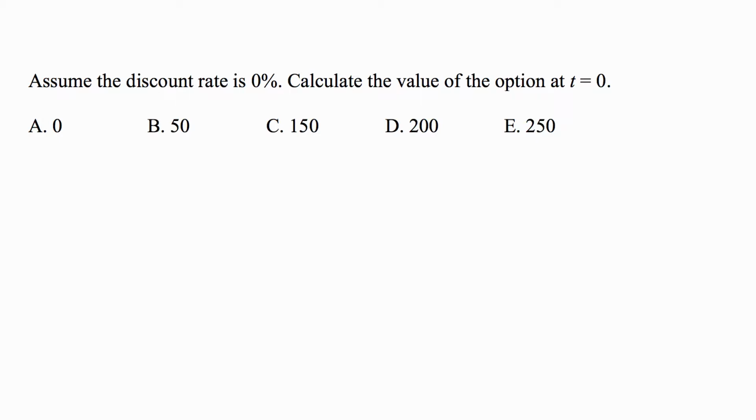So the value of the option will just compare the outcome if you just pay for the project as is and you get that net present value that is given in the problem, or you do partial funding at the beginning and then you wait for the outcome at the end of the first year, and then you decide what additional funding you do, and then you have the outcome at the end of year 2.